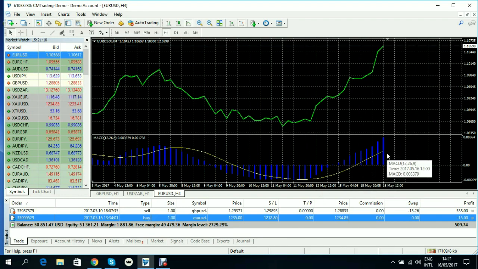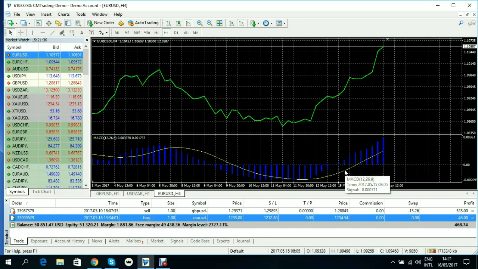The bars, or the histogram, is what represents MACD, and the moving average, this yellow line, represents the signal. When you put the cursor on it, you will see that it shows MACD, time, and then signal. When you go here, it shows you MACD.